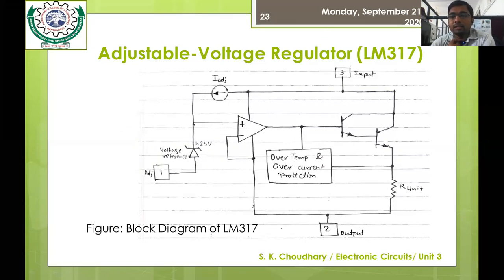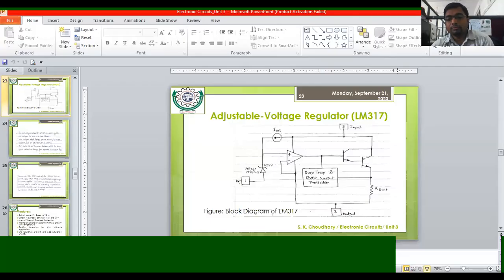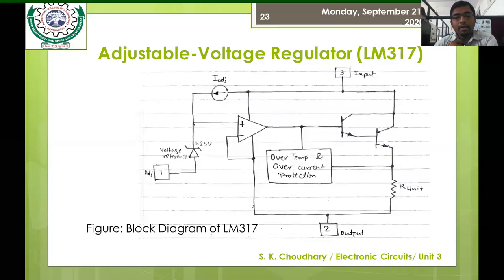Today we start with the topic adjustable voltage regulator. So for the adjustable voltage regulator, this is the block diagram. First of all, we will learn the block diagram of the adjustable voltage regulator, and then we will elaborate the concept of this.